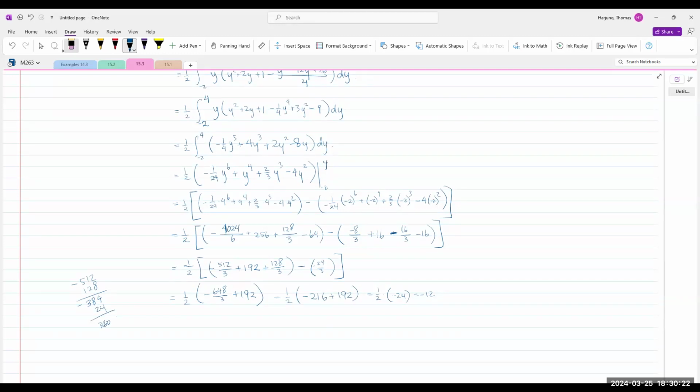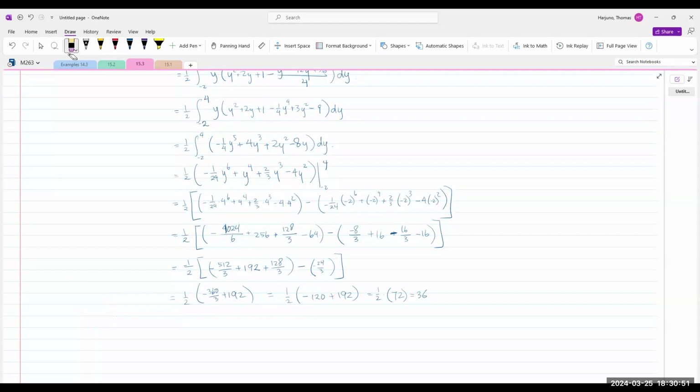So that will give us negative 360. But negative 360 divided by 3 is negative 120. So this will be 72. That's 36. Oh, good thing I can cheat, huh?